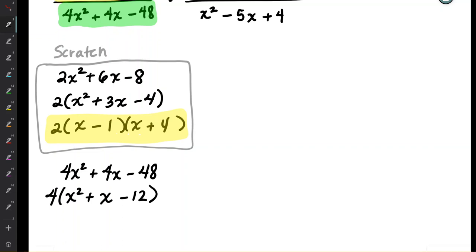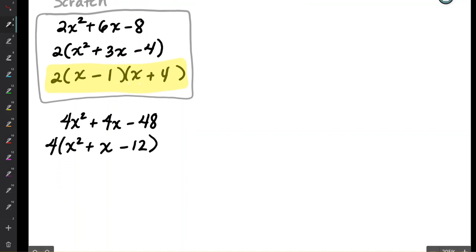Okay, so now, because my leading coefficient right here is a 1, I'm looking for two things that multiply together to give me -12 and add up to +1. We got 1x right there.